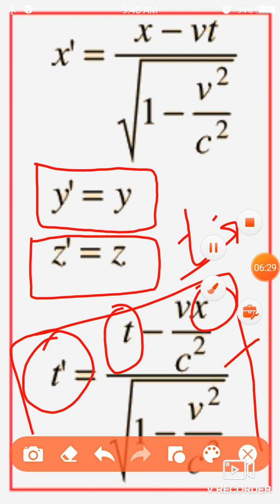Here it is very clear that not only the x, y, z coordinates change, but time also varies with relativity.